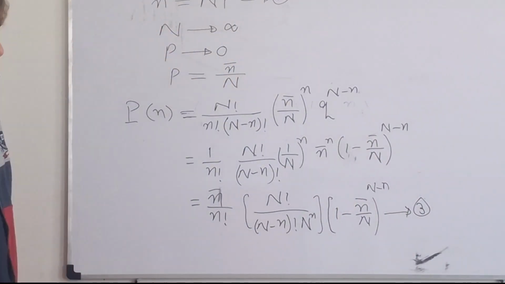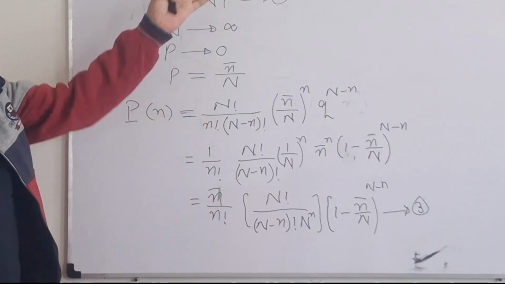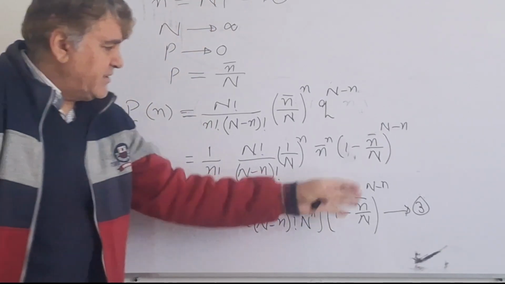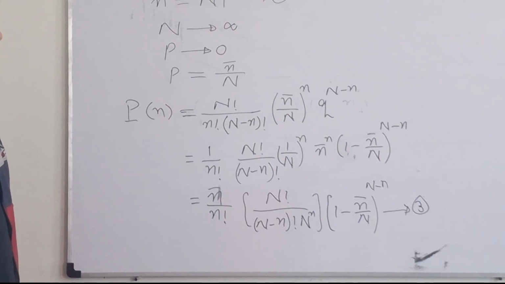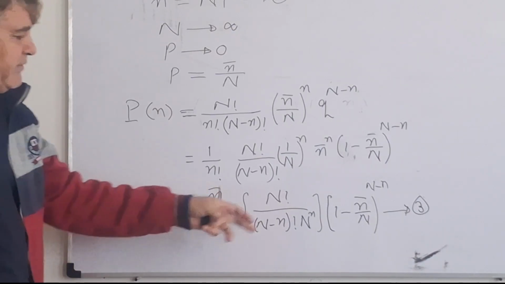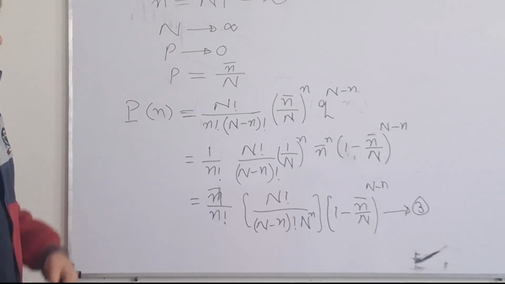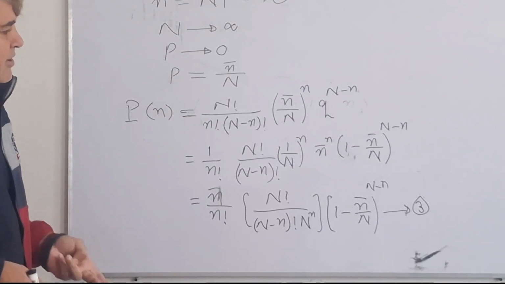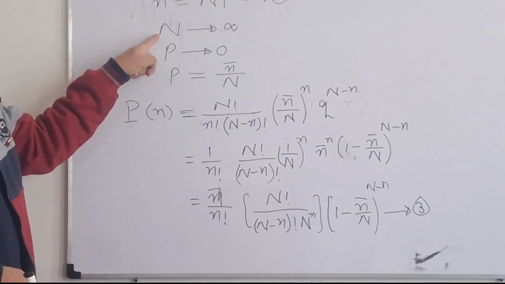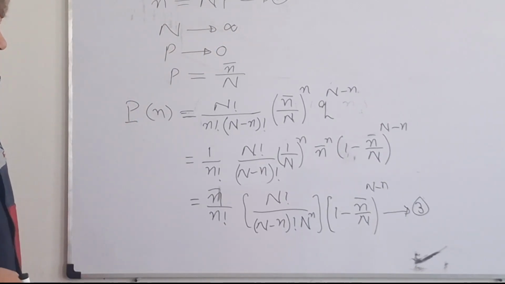3. Remember, equation 3 is the same as equation 1, however written in a different parameterization. Instead of P and Q, I have introduced this definition into it. Now, I want to evaluate equation 3 under the assumption that capital N tends to infinity.